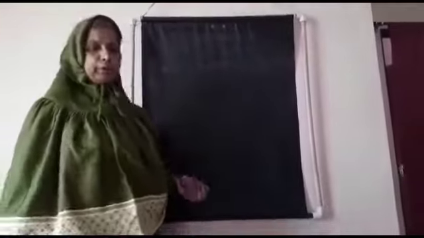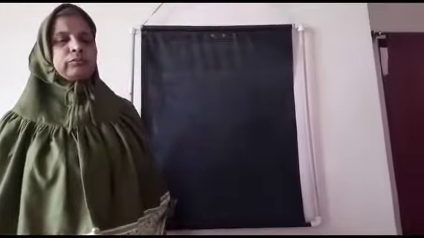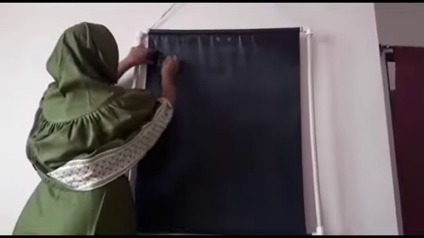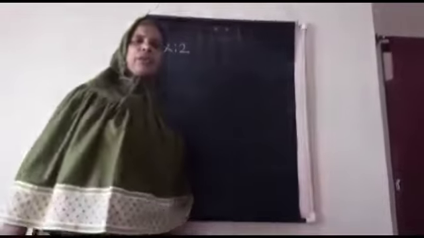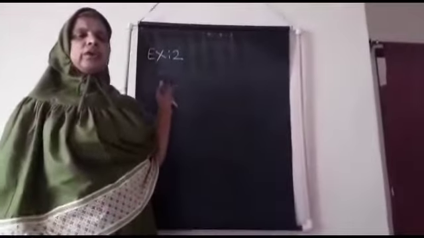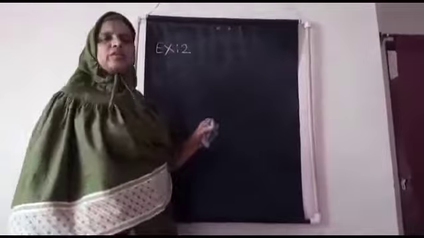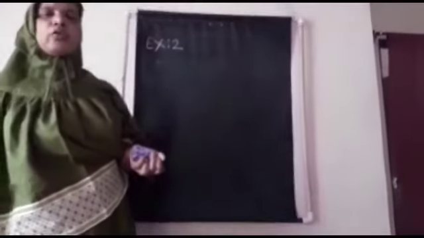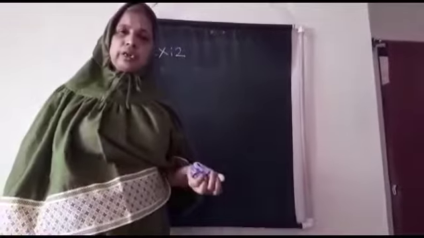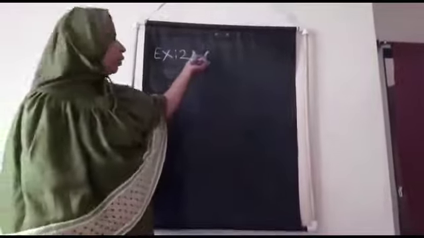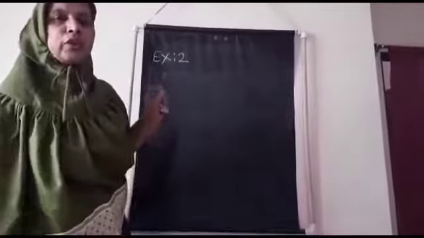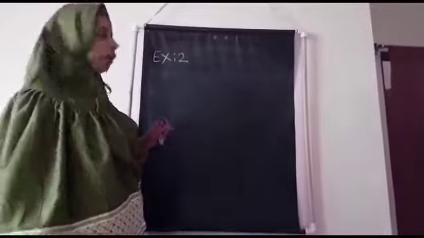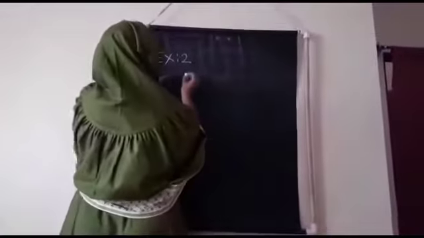Let us see collinear and non-collinear points with the help of one example, example number 2. In this example, 3 points are given and we are going to decide whether the given 3 points are collinear or non-collinear. For that, I am writing the conditions for deciding whether the given points are collinear or non-collinear.